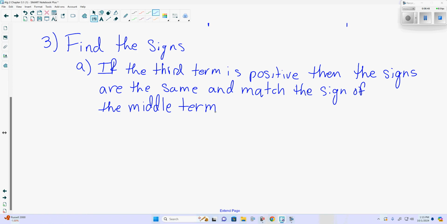So if the third term is positive, the sign that's going to go in both sets of parentheses will be the same, either both positive or both negative.